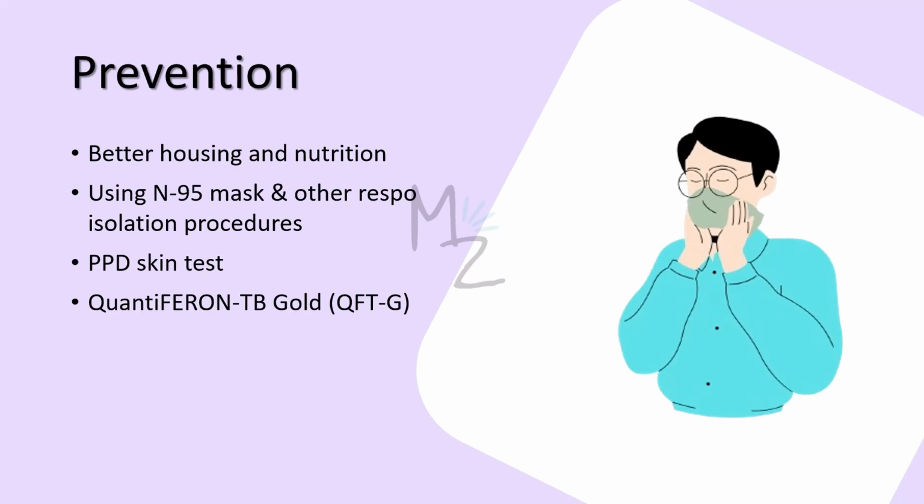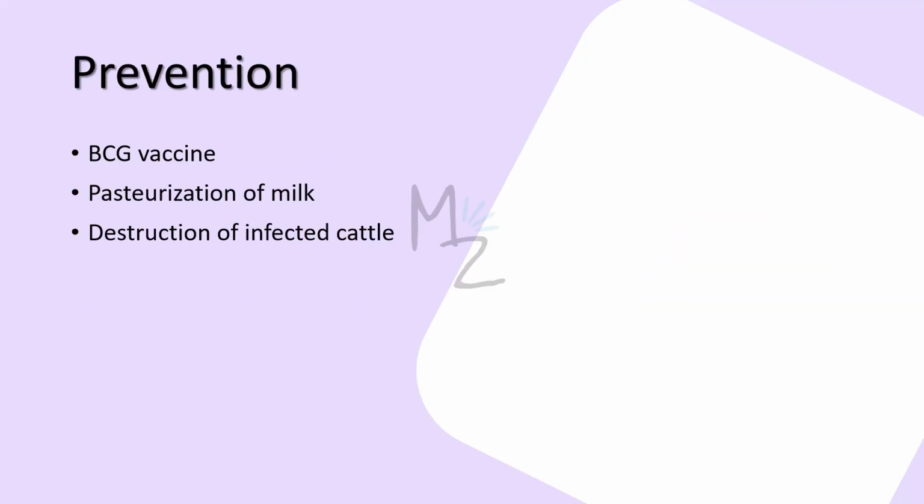This measures the amount of interferon gamma released from the patient's lymphocytes after exposure to antigens from Mycobacterium tuberculosis in cell culture. This test requires only a single blood specimen and determines the amount of interferon gamma by an enzyme-linked immunosorbent assay, ELISA test.